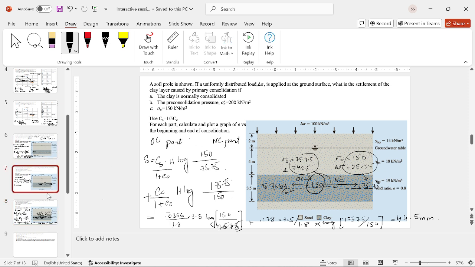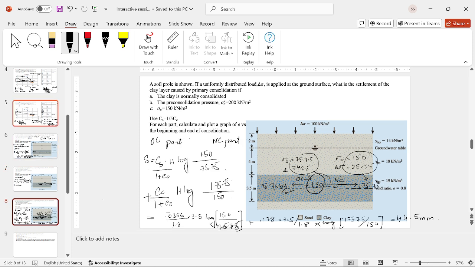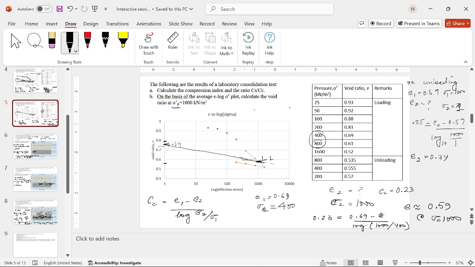And if you see the three values, 126, 25 and 44, we have three values. So the soil with 126 was NC soil, and as you can see, NC soil shows high compressibility.